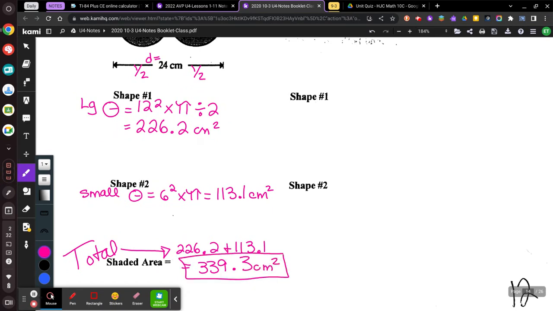So that's the area of those circles. 339.3 centimeters squared. Okay, I'll give you a minute to write that down, and then we're going to work on the next part. On the next part, we've got half of a rectangle, and then we have half circle.